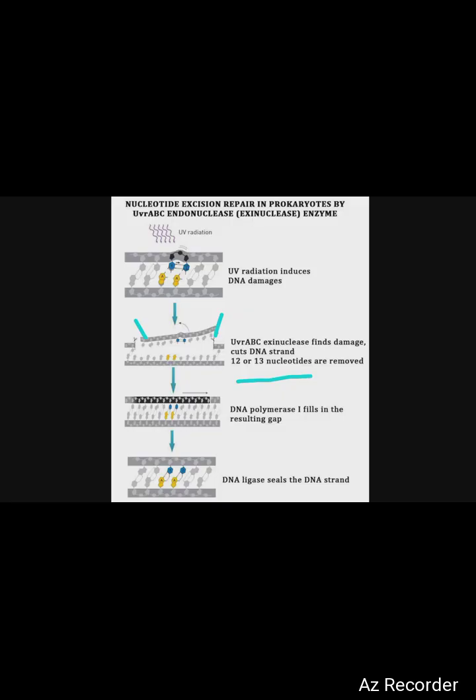So basically what is happening here? First, the UvrA and UvrB complex will scan the DNA, with the UvrA subunit recognizing the distortions in the helix.